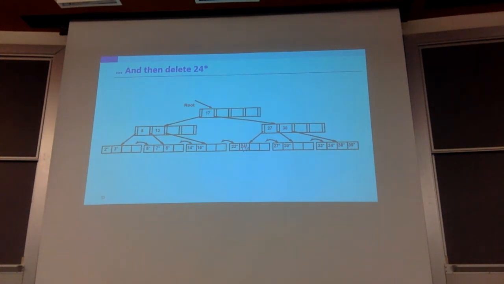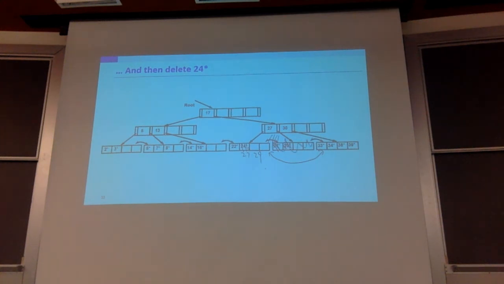So the way you do that is that you merge these two pages into one. Okay. So that's to say you copy over everything here. And then remove this page and link it to the next one. Then just deallocate this one.